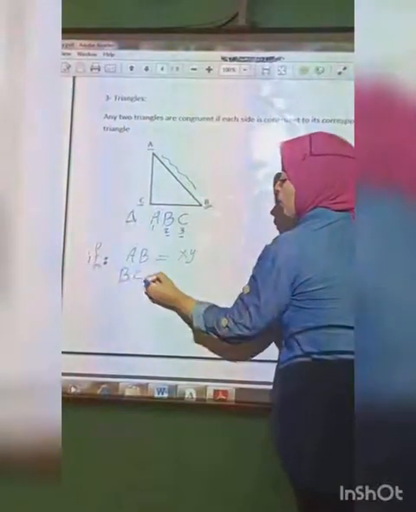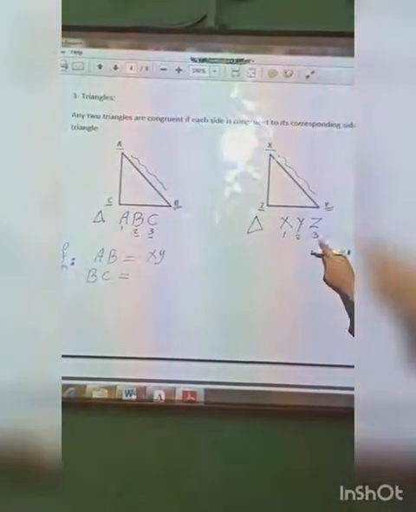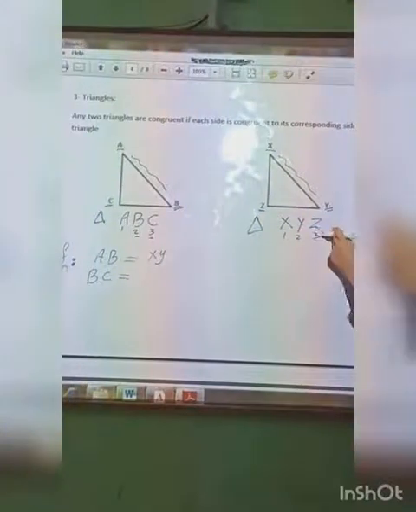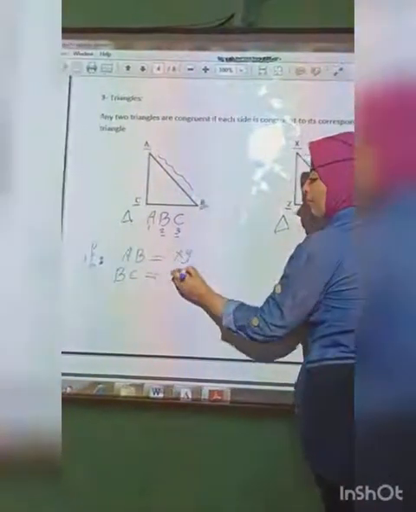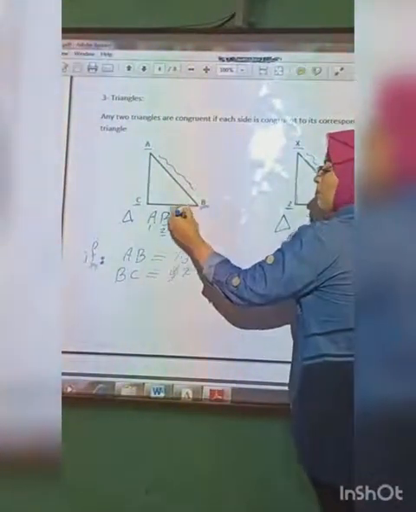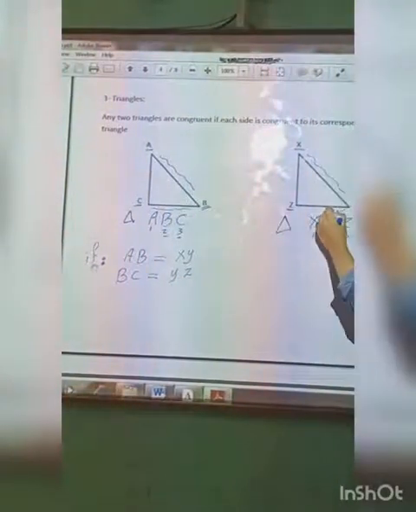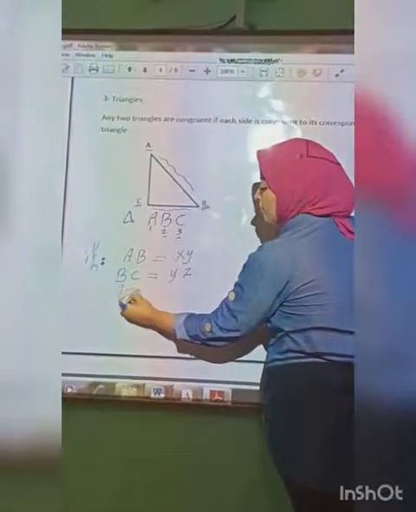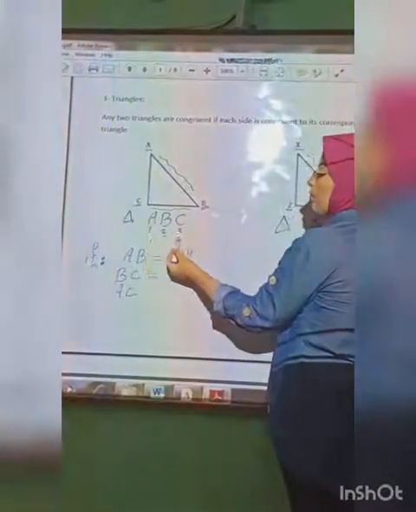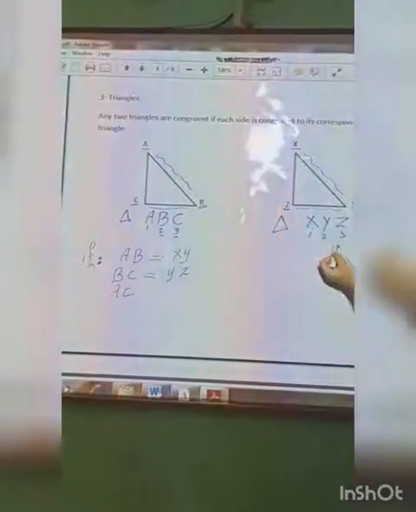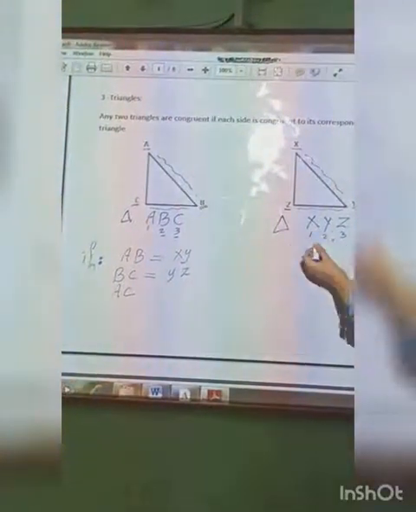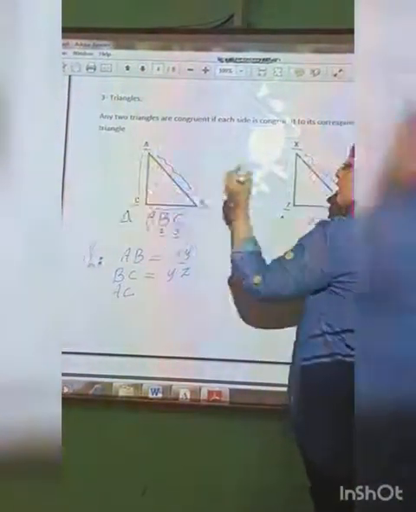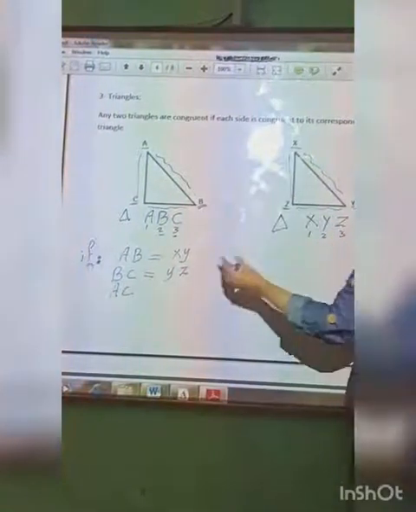BC equal to 2 and 3 here, YZ. BC equal to YZ. And AC, which are 1 and 3, so I will take 1 and 3 here, which is XZ. AC equal to XZ.